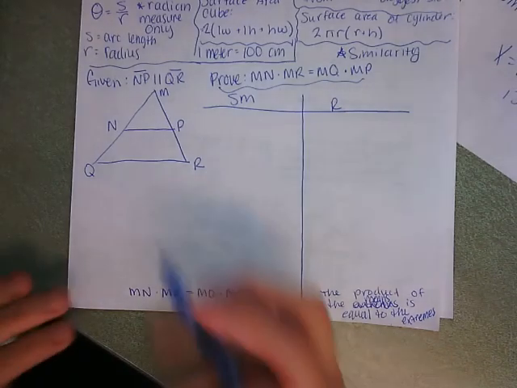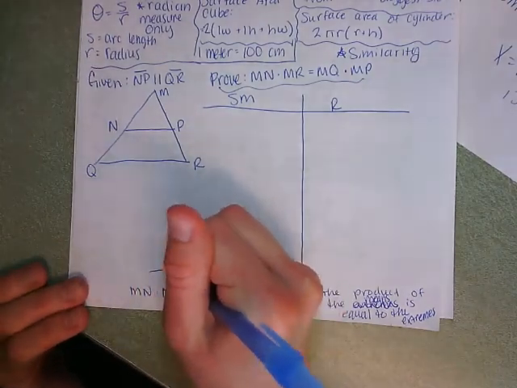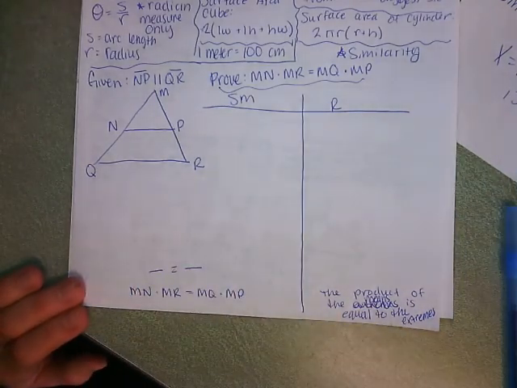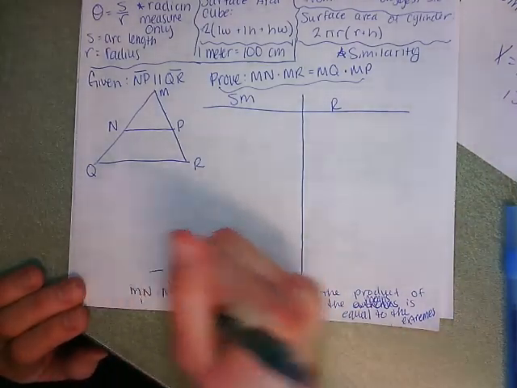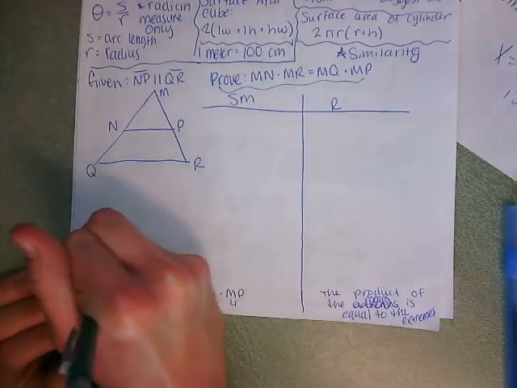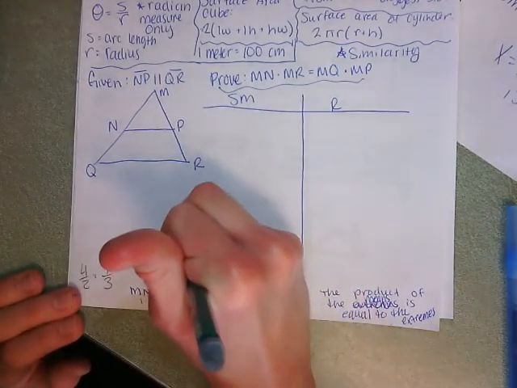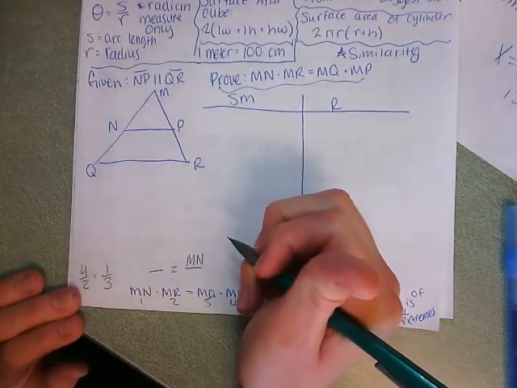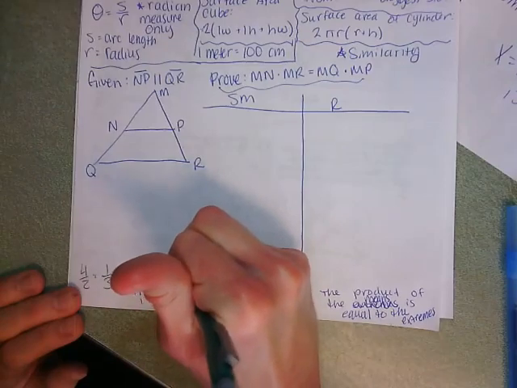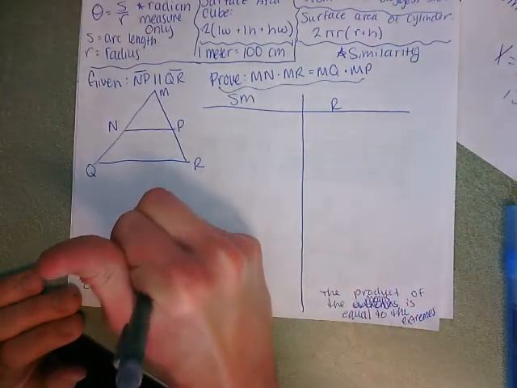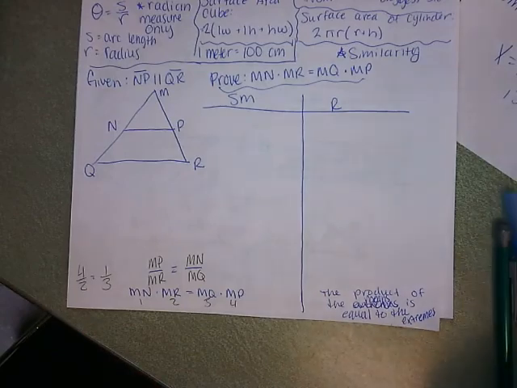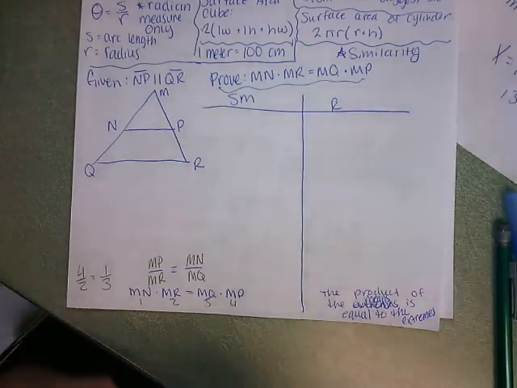But before that, remember our step before this is our ratio thing. If you remember my little trick here, so 1, 2, 3, 4, so 4 over 2 is equal to 1 over 3. So MN, and MR goes here, MQ, and MP. So now from this, we can figure out what type of triangles we need to prove.